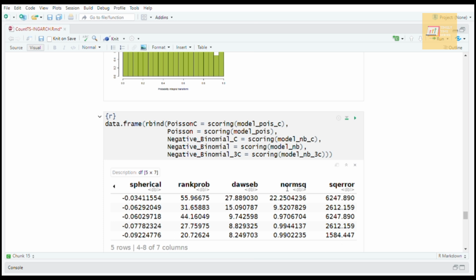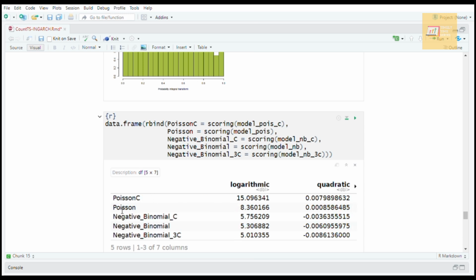Except for the normalized squared error, we want all the other scores to be as low as possible. For the normalized squared error, the suitable model will have a value really close to 1. In other words, the closer the value to 1, the more suitable the model is.